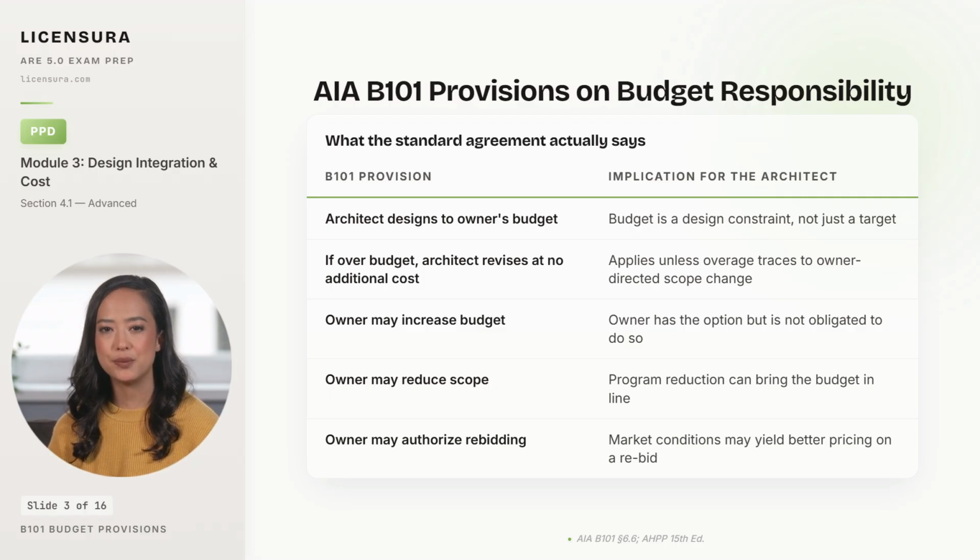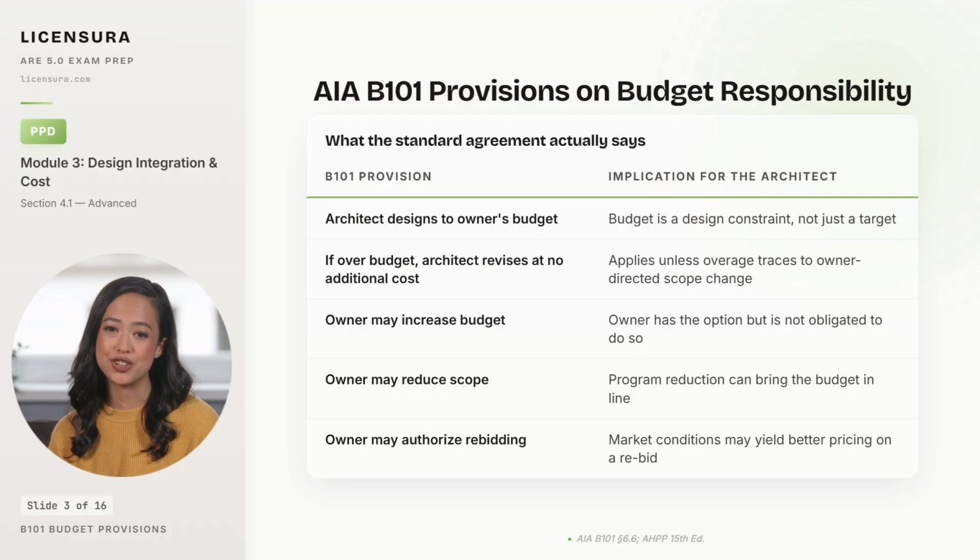If the lowest responsible bid exceeds the budget, the architect revises the documents at no additional cost, unless the overage was caused by scope changes the owner directed in writing. The owner has the option to increase the budget, but is not obligated to do so, and most owners will exercise that option only when there is no realistic redesign path that holds the program.